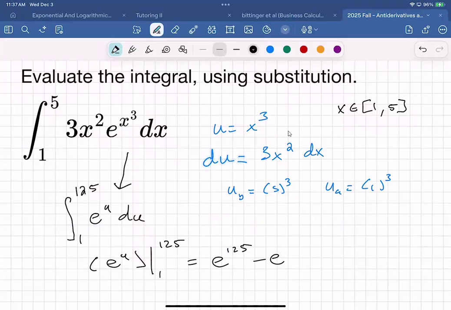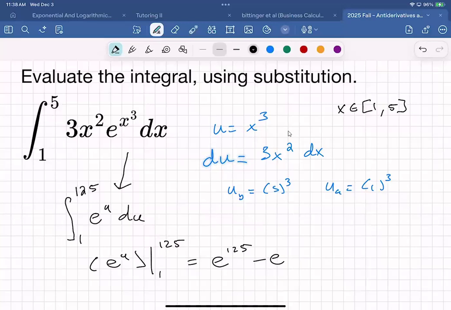Questions, concerns with this one? Do we feel okay with this when it's nice?